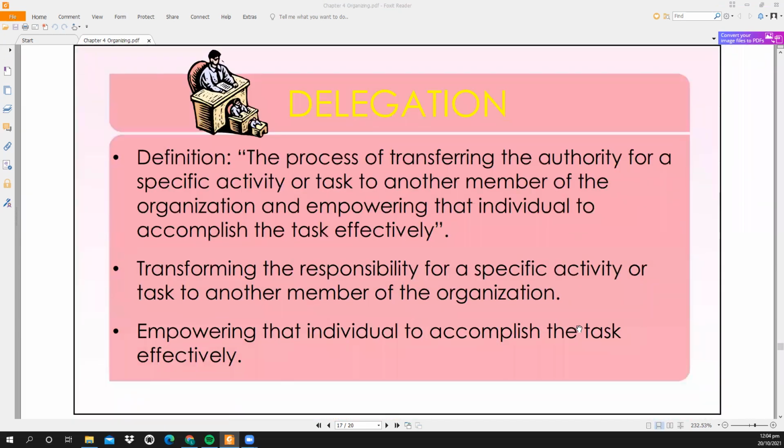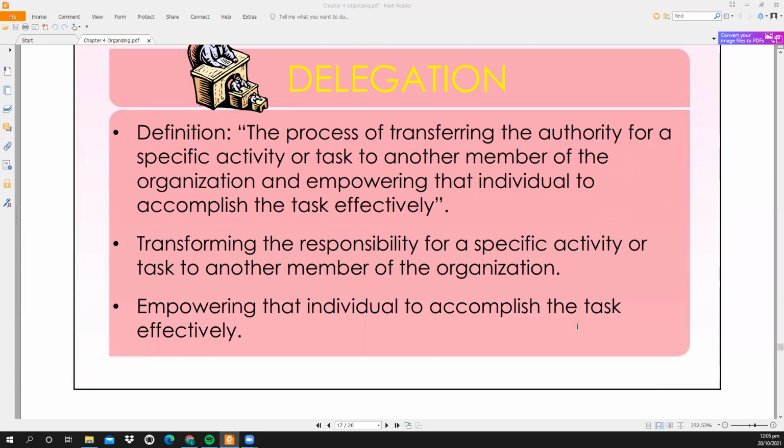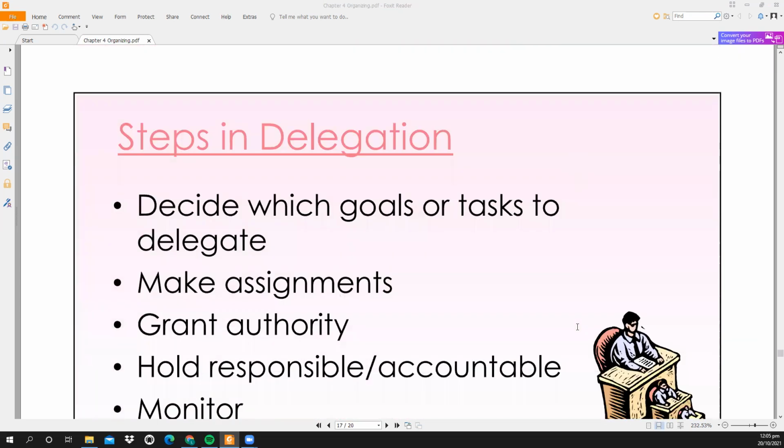So delegation means the process of transferring the authority for a specific activity or task to another member of the organization and empowering that individual to accomplish the task effectively. And then transferring the responsibility for a specific activity or task to another member of the organization, and empowering the individual to accomplish the task effectively.